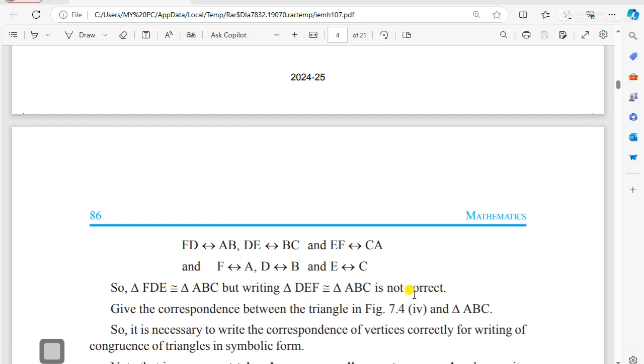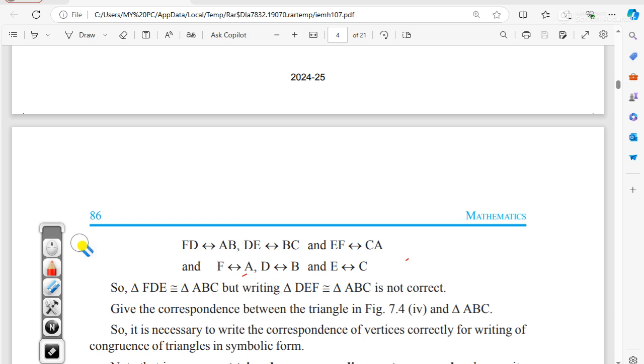That is not correct. Why? Because F corresponds to A, D corresponds to B, E corresponds to C. Only then can you write that FDE corresponds to triangle ABC, right. In this way we can write the different correspondences.